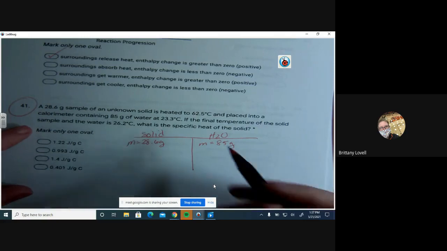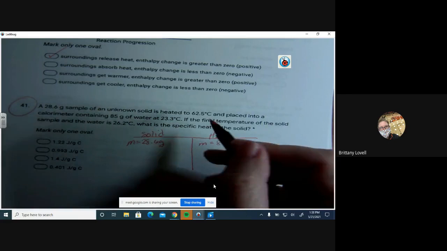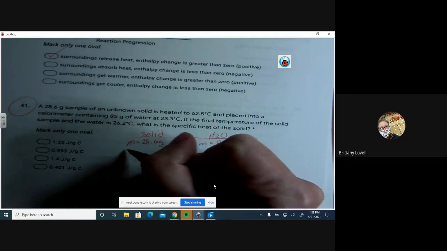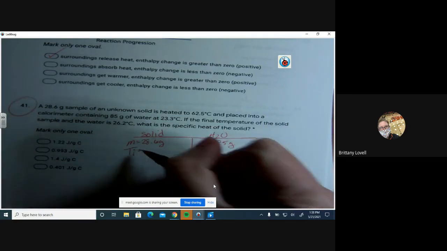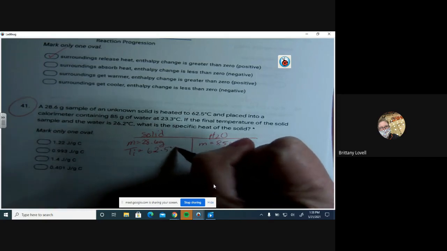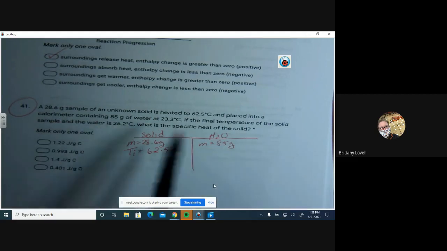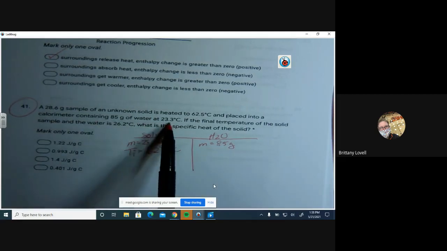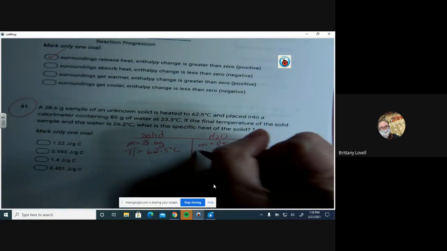Okay, the next thing that they tell me is that it's heated to 62.5, which means that they probably just had it in an oven or on a flame and got it up. The initial temperature of the metal was 62.5 degrees Celsius, and it was placed into a calorimeter containing 85 grams of water at 23.3 degrees Celsius.